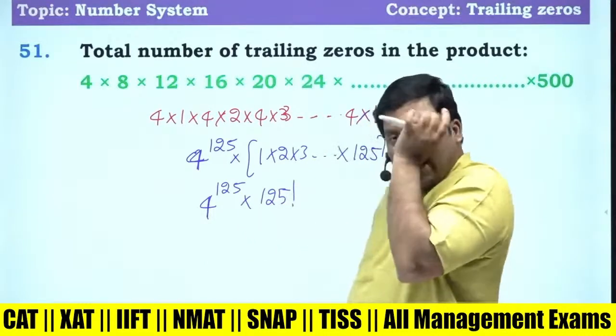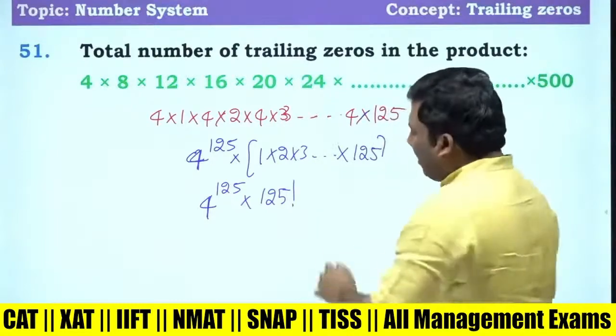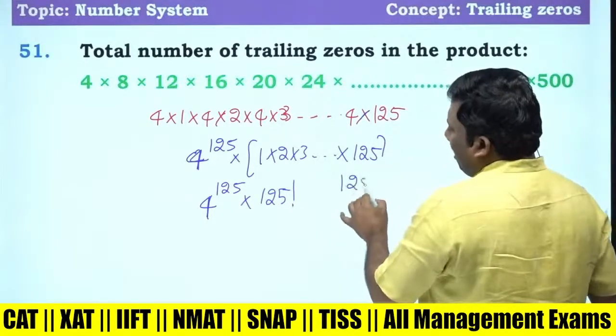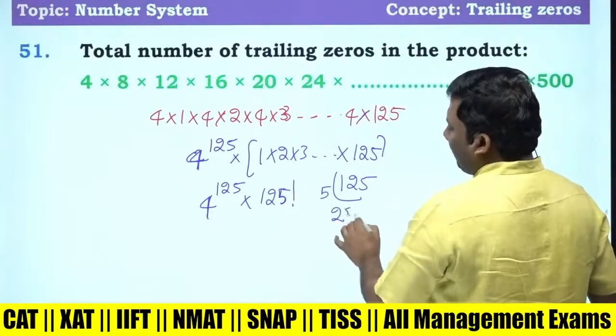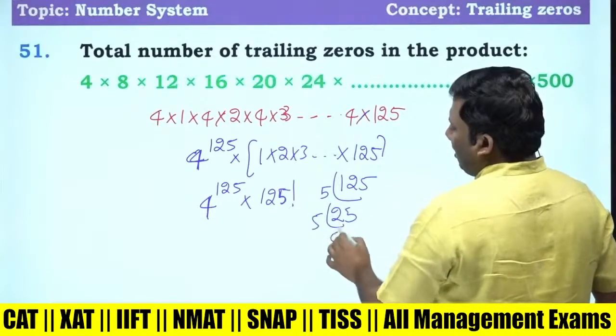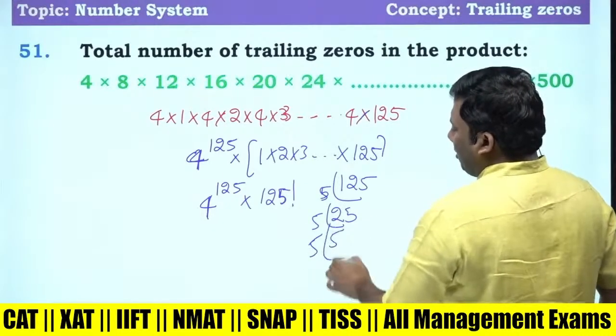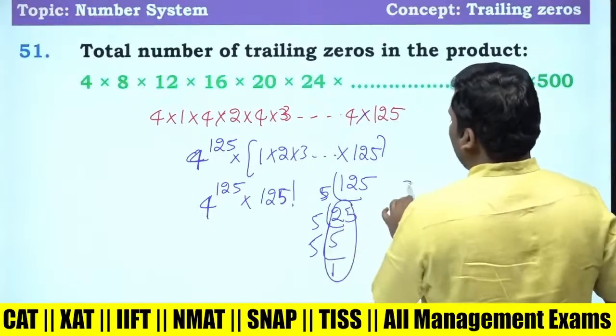For factorial numbers, the number of zeros at the end depends upon the highest power of 5. 5 25s are, 5 5s are, and 5 1s are. So 25 plus 5 plus 1.